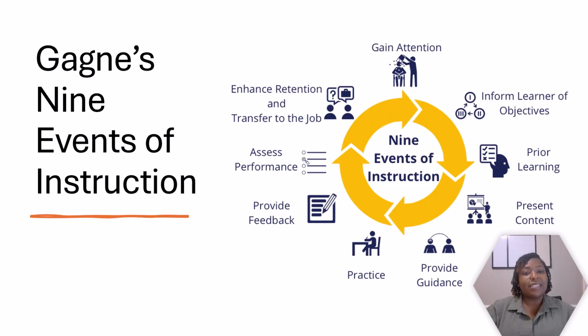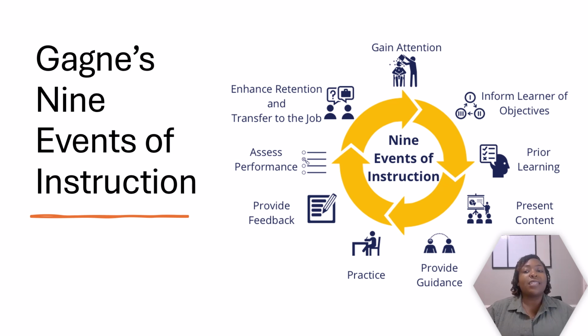In the 1960s, Robert Gagne developed the 9 events of instruction. This was a guide for developing effective instruction for teachers. It outlines a series of events or structured activities that are followed in a specific sequence to facilitate learning.